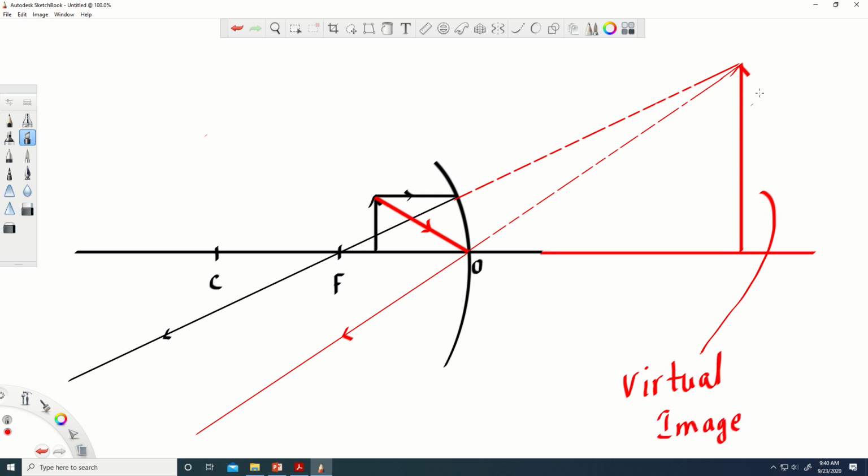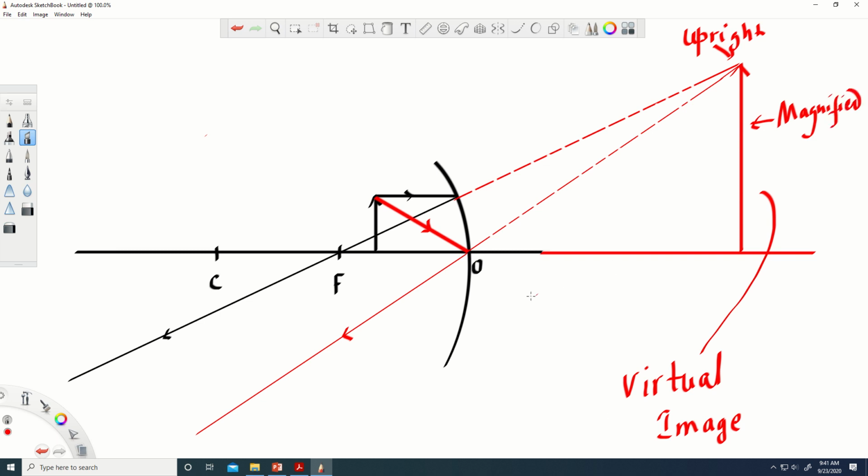And because this intersection is above the axis, that means it is upright. In the previous example, it was below the axis, so it was inverted. Now it's upright. And it's highly magnified. You see that, compare the size of the object and image, this is magnified, bigger than the object.